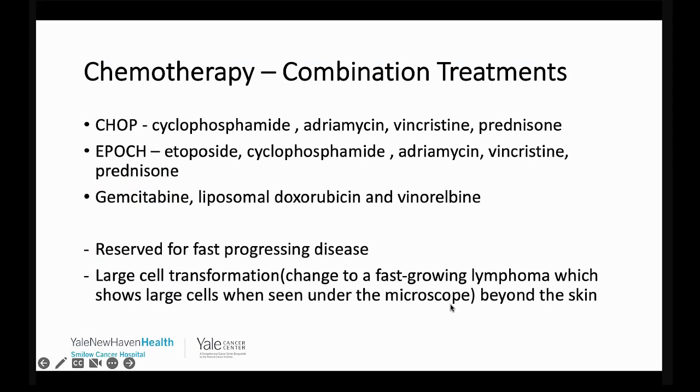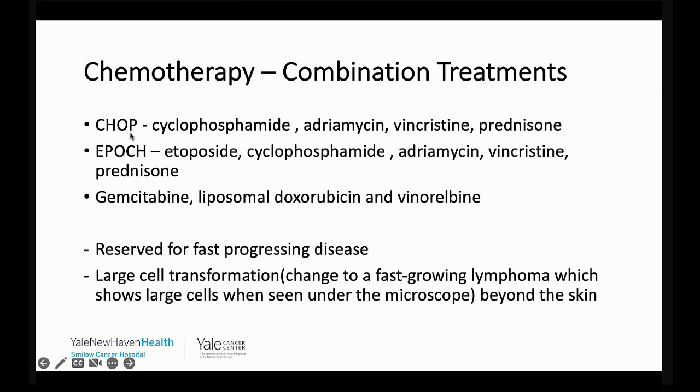If large cell transformation is present in just the skin, we can still sometimes use single agent treatment. But once it involves the lymph nodes and beyond, then we really need to use more combination chemotherapy regimens.